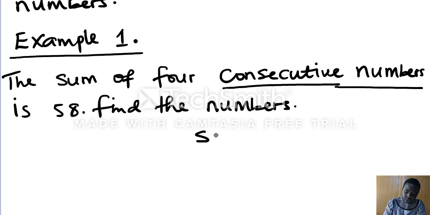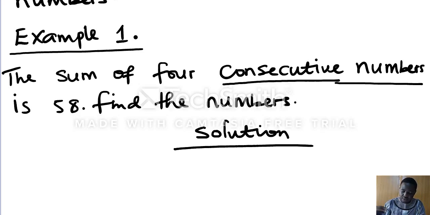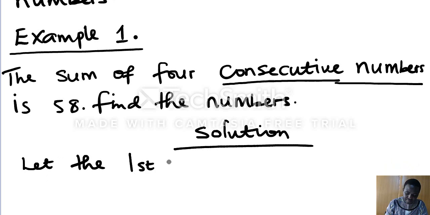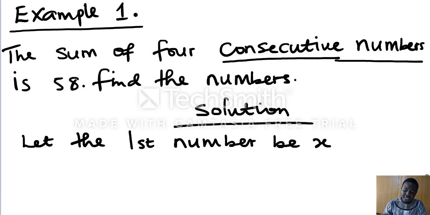So, we say solution. What are these numbers? First of all, I'll say let the first number be x. Since they are consecutive numbers, it means that they differ by 1.